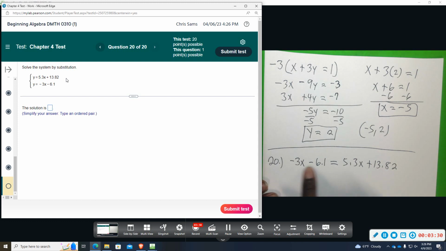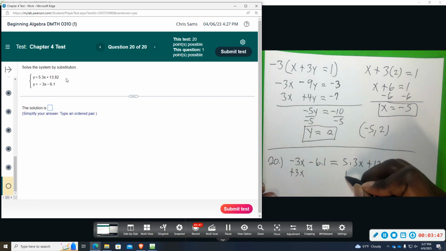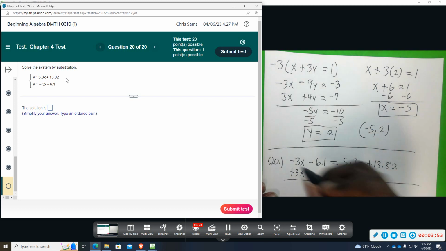Alright, so instead of dealing with decimals, which we could do, let's just let the calculator do it. Yeah, let's just leave it. I don't want to do the extra. Let's combine the x's. Let's add 3x to keep it positive. So these cancel.